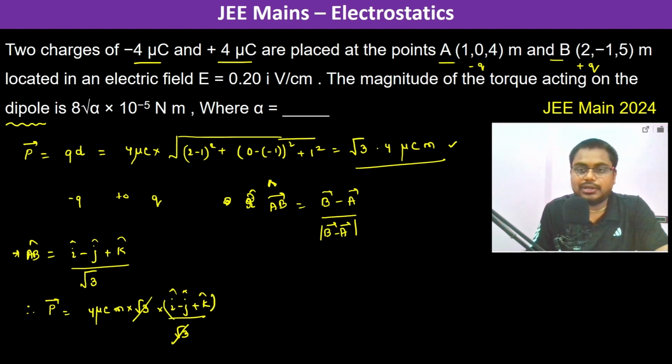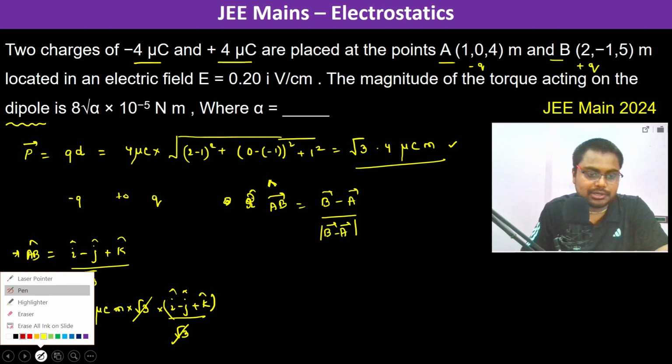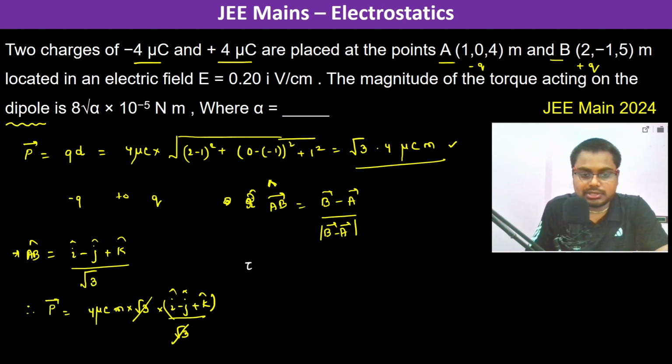Now we want to find the magnitude of the torque acting on it. Torque is P cross E. So it's going to be 4 (i cap minus j cap plus k cap) mu coulomb meter, cross E, which is 0.2 volt per centimeter, and this is i cap.